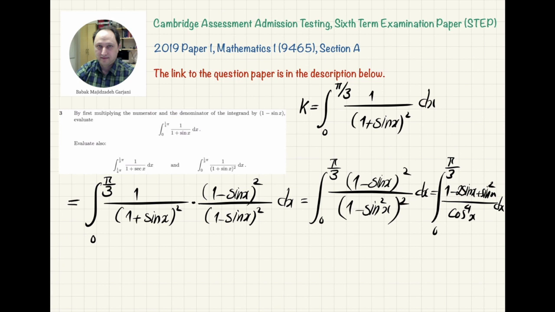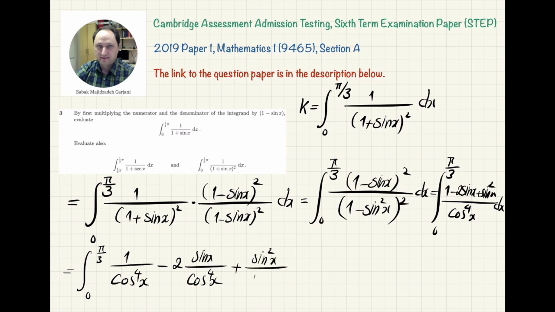So this becomes integral from 0 to pi over 3, 1 over cosine to the power of 4x, and then I will have minus 2 sine x divided by cosine to the power of 4x, and then I will have plus sine squared x divided by cosine to the power of 4x dx.